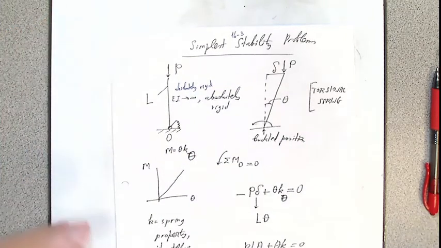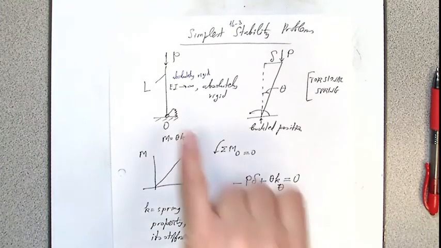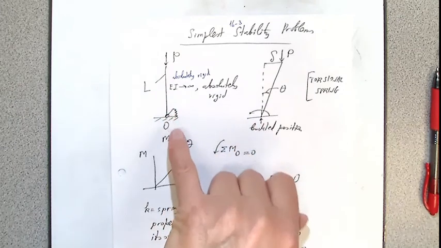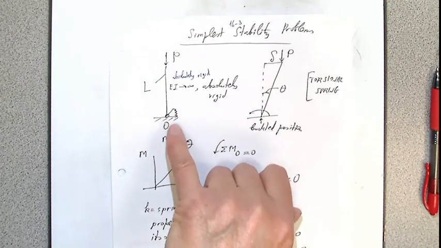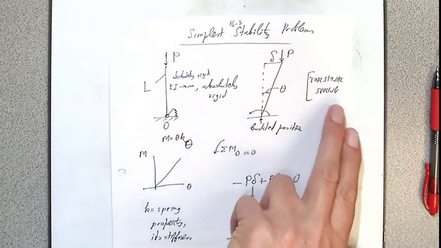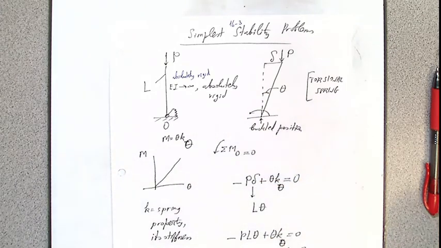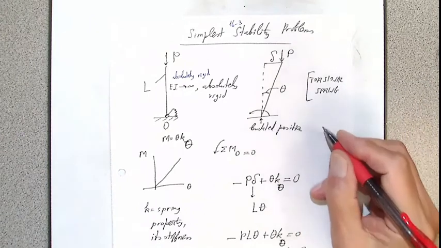I will explain later, on the second page. So here this column is absolutely rigid, and at x equals 0 it is connected with something called a torsional spring. Now, what is a torsional spring?